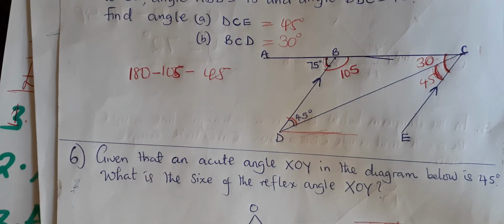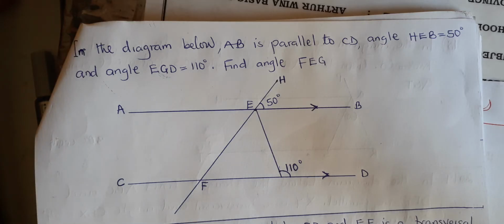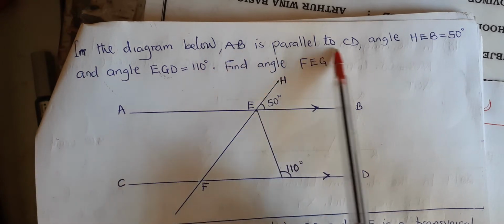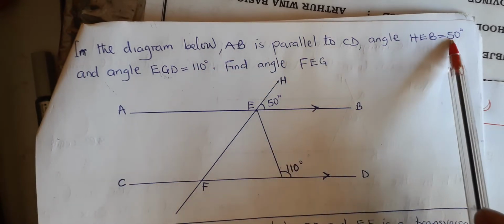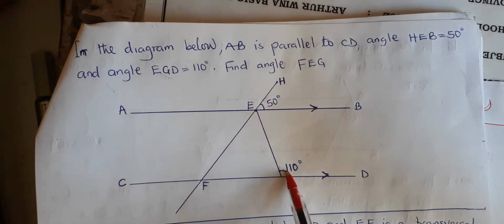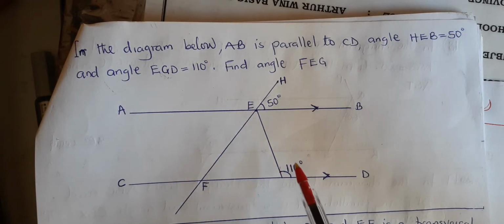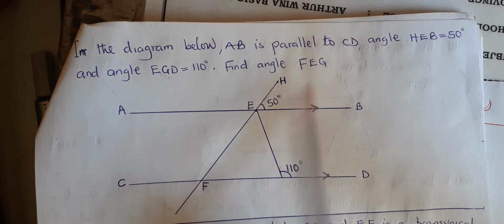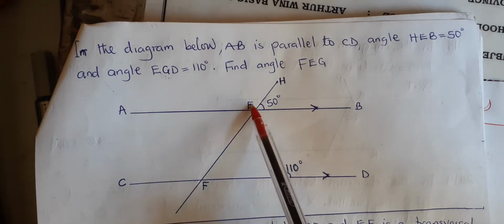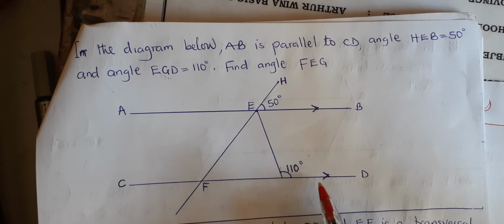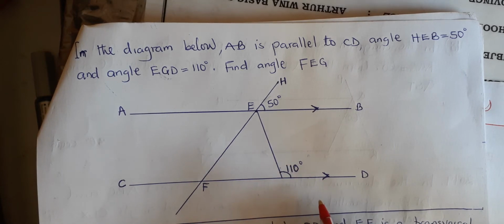Let me give you two more examples. So we have this question here. In the diagram below, AB is parallel to CD. The angle HEB is 50. Then calculate angle FEG.